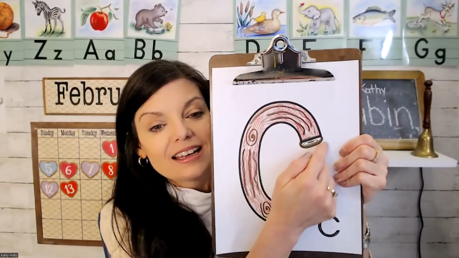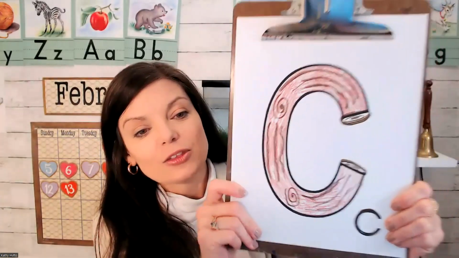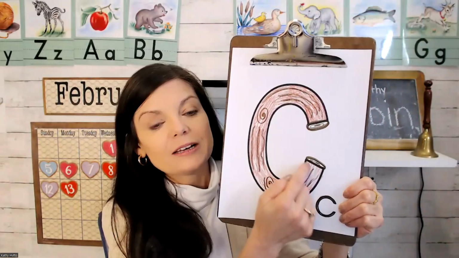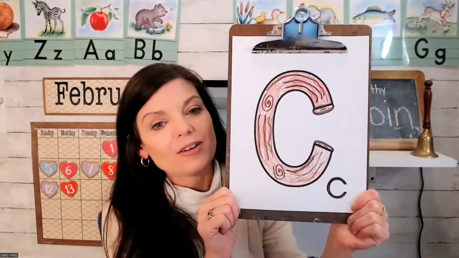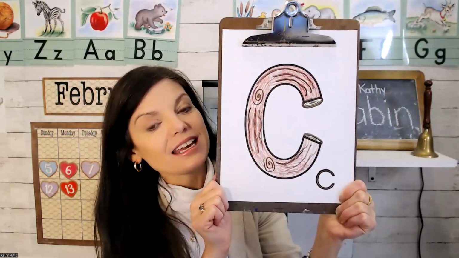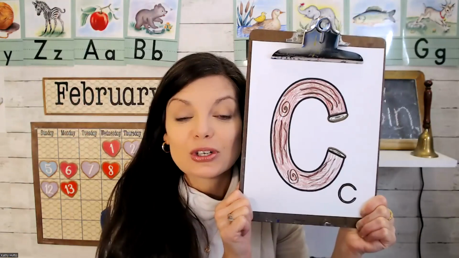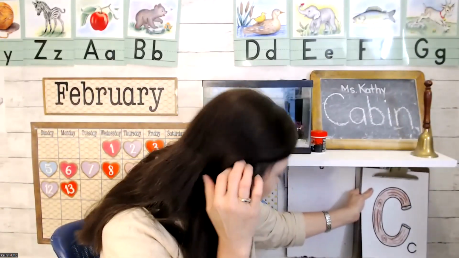And I even made just some ovals at the ends so that it could look like the rings on the end of the wood. And there's little C, and I just colored it brown. So there you have it. That is letter C, and this is an idea for you to use to decorate your letter C today. Or you could just color it brown.